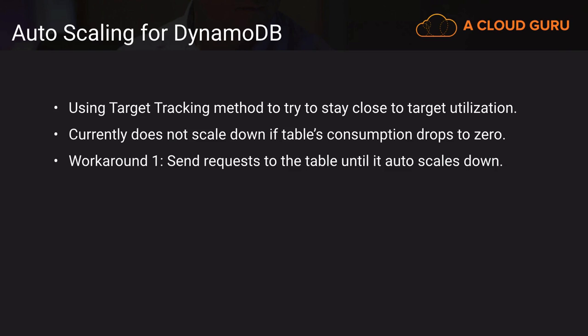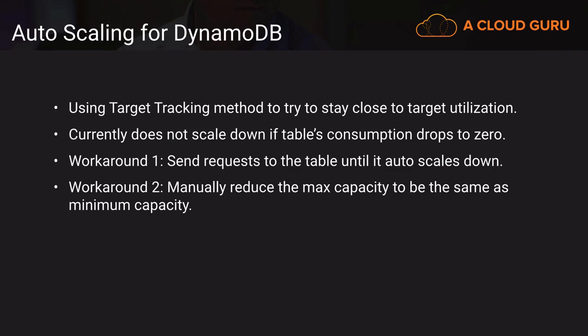Workaround number 1 is we can just send requests into the table until it auto scales down. So we could keep requests going at a very minimal level. And then DynamoDB will finally figure out, okay, the average load has dropped, so I'm going to scale down. Workaround number 2 is that we can manually reduce the max capacity to be the same as the minimum capacity. So in essence, what we're just saying is scale down to some minimum capacity that we had before you decided to scale up.